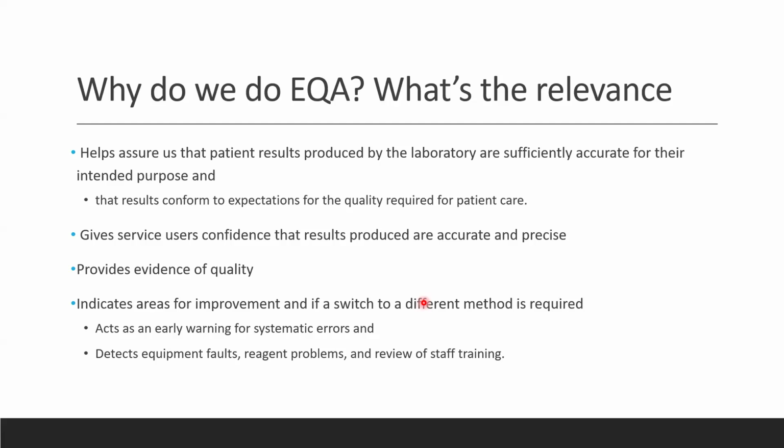On the other hand, EQA also helps us identify areas for improvement and if a switch to a different method is required. For that reason, EQA acts as an early warning system for systematic errors and detects problems with equipment, with reagents, and in some cases flags the need for review of staff training and competencies.